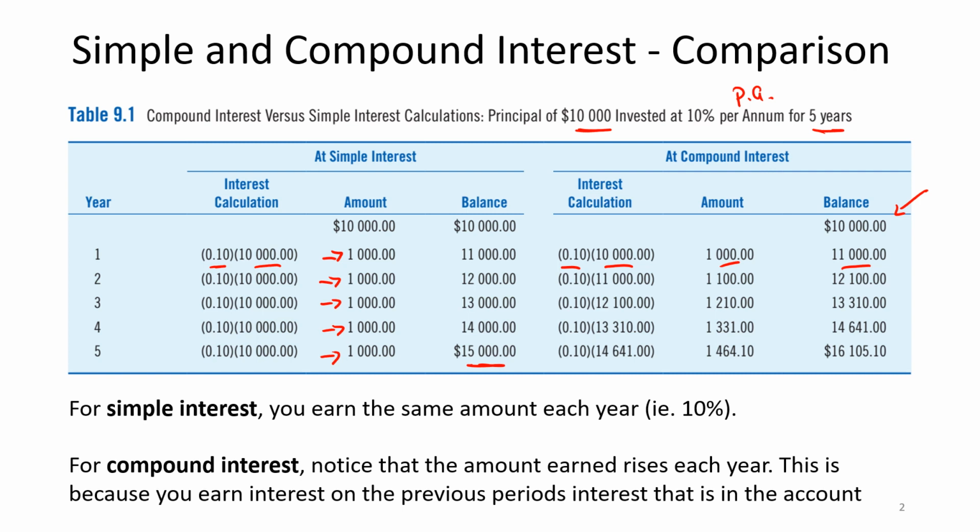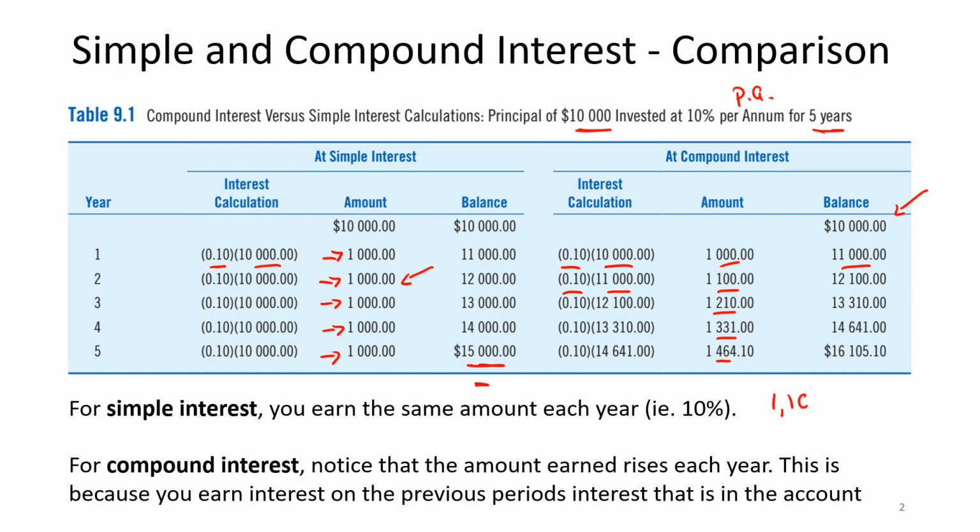Your second year, you have $11,000 in the account. So you would earn 10% times $11,000, or in this case, $1,100 in interest, versus the $1,000. Continuing that, year over year, you'd come out with a total of $16,105.10 compared to just $15,000 with simple interest.